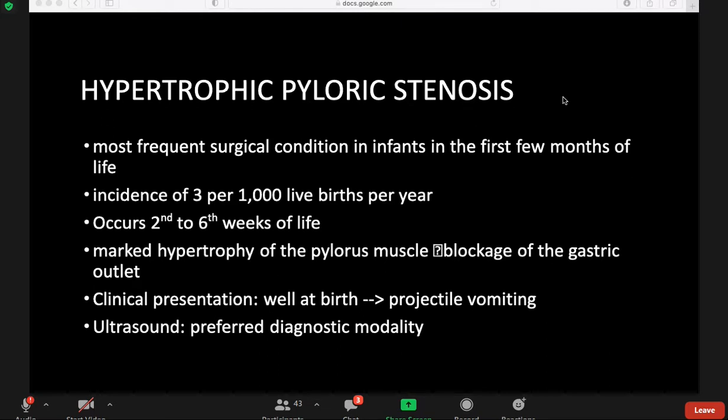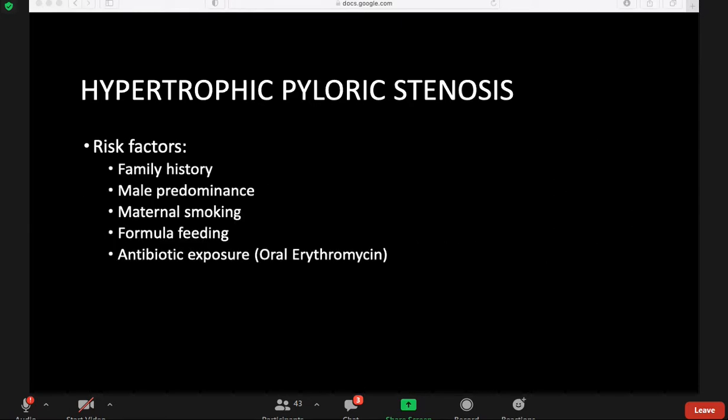Usually, the neonates are well at birth. However, due to the gradual hypertrophy of the pylorus muscle, this causes blockage of the gastric outlet, leading to projectile vomiting. Ultrasound is the preferred modality of choice.